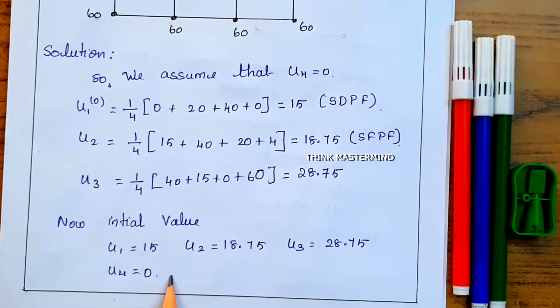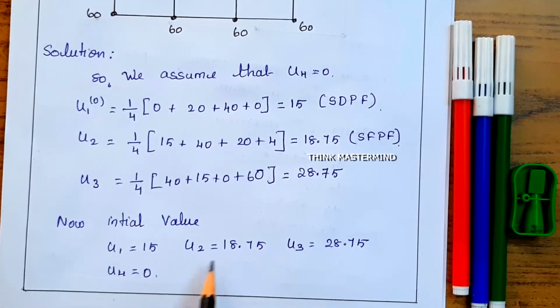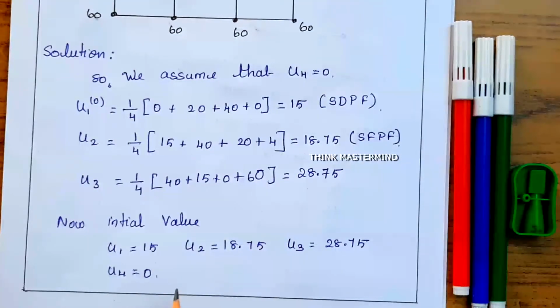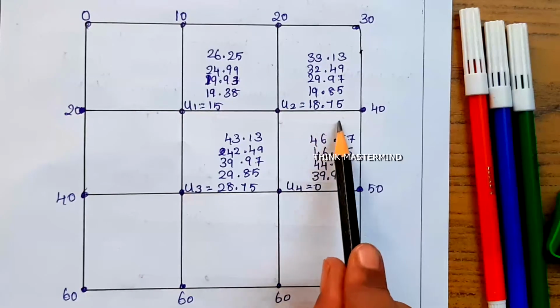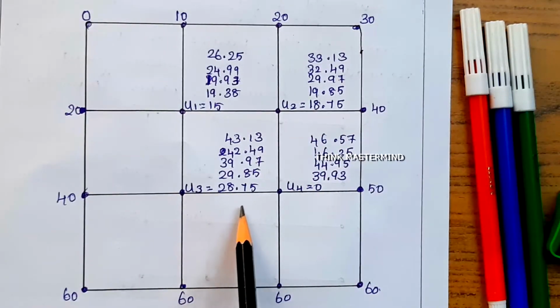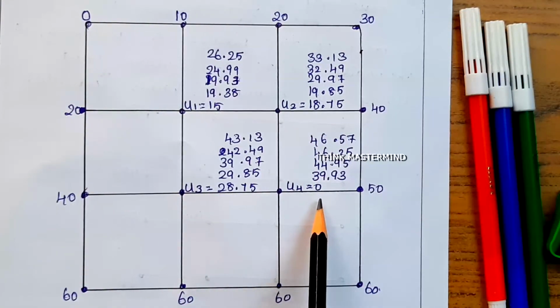Continue the process till you get u1, u2, u3, u4 as the same values.